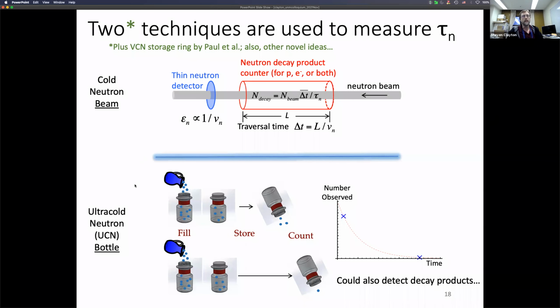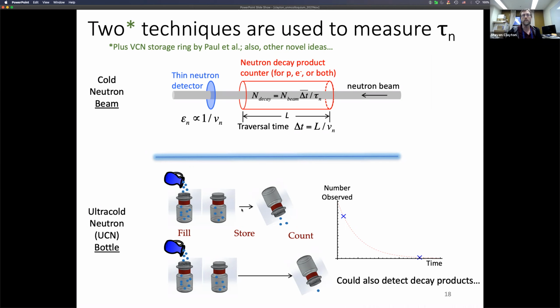The alternative technique that's had several experiments lately is this ultra-cold neutron bottle experiment. And the cartoon version is this: you fill a bottle, you hold your neutrons for some period of time, in general at least 2 different periods of time, and then you count the survivors at the end.